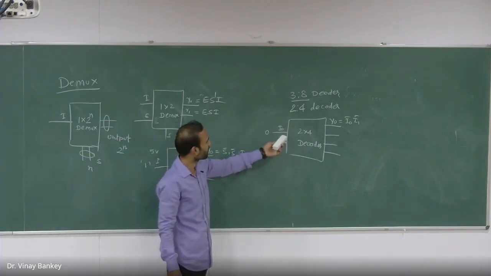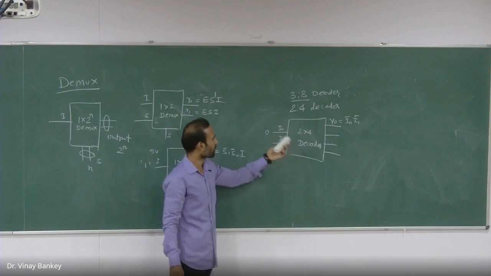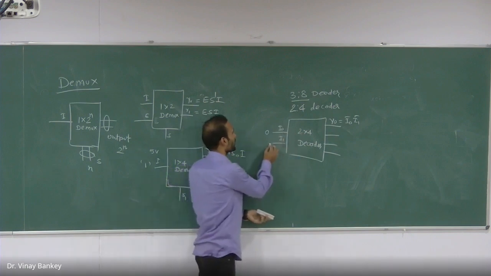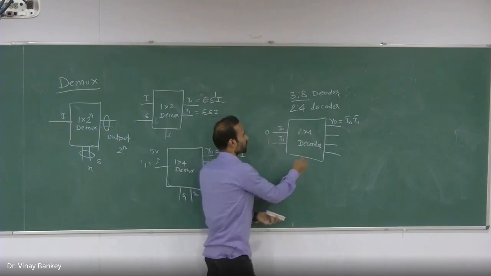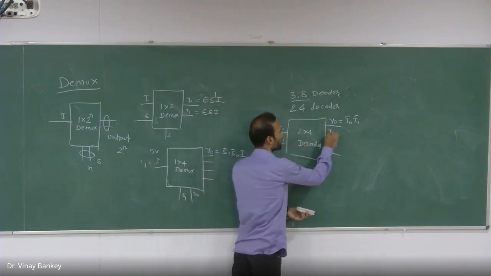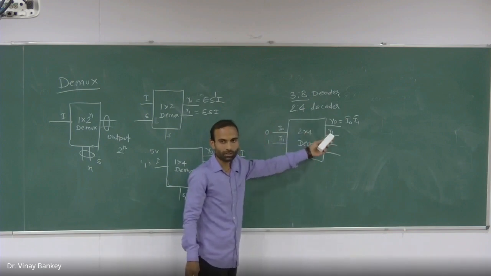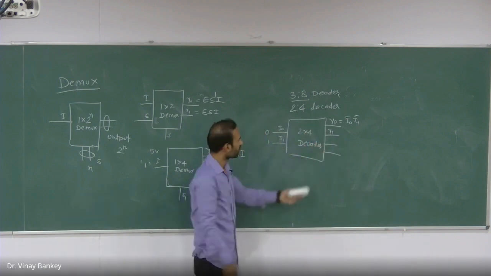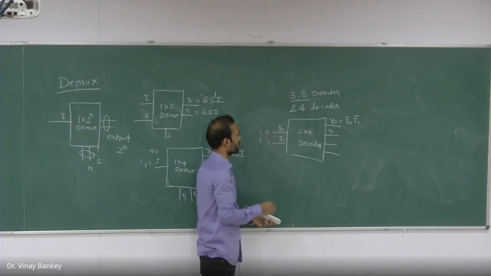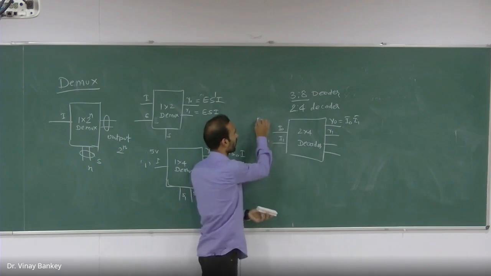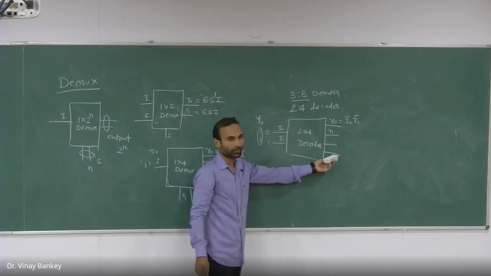The 2 cross 4 decoder has 2 inputs, and according to the input, if I say input is 0 and 1, this 0-1 combination will select output y1. The rest of all the outputs will be 0. And if I say this is 1-1, then y3 will be high. So this is the decoder.